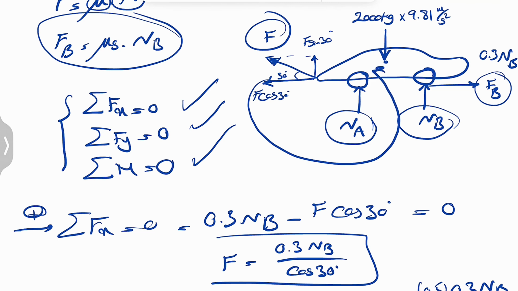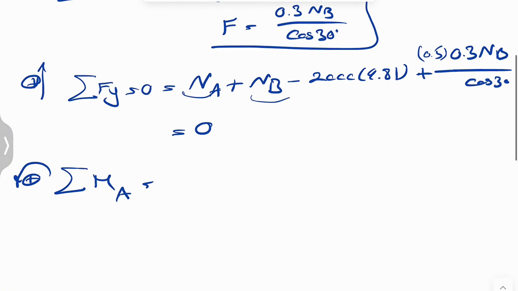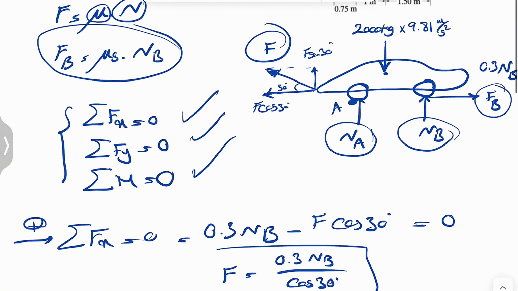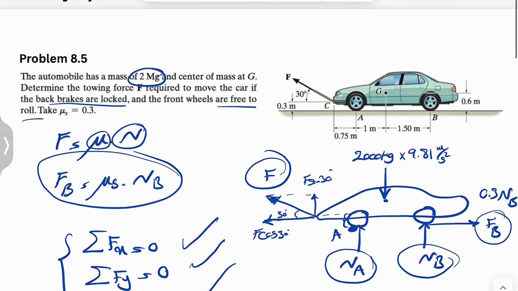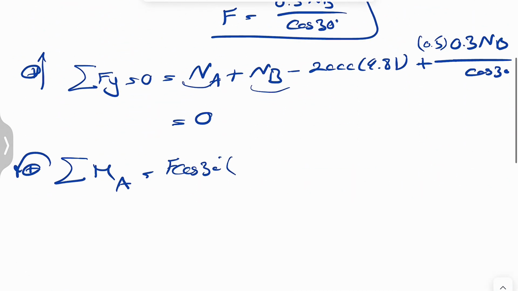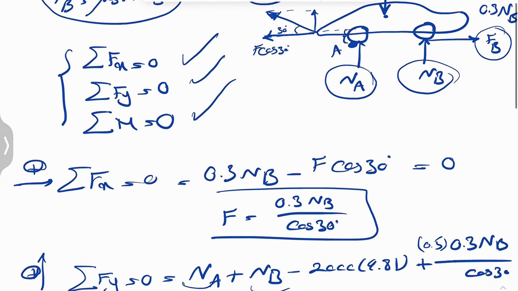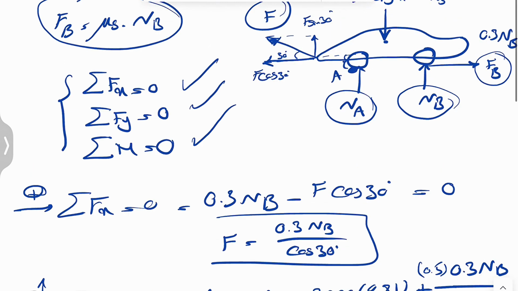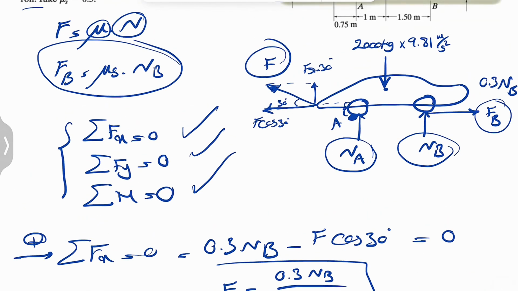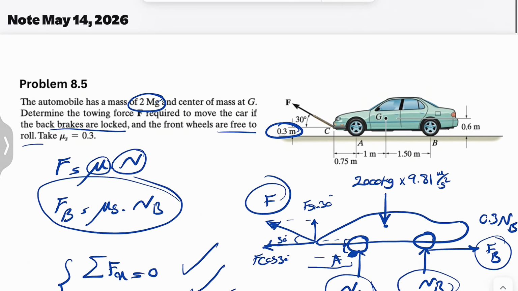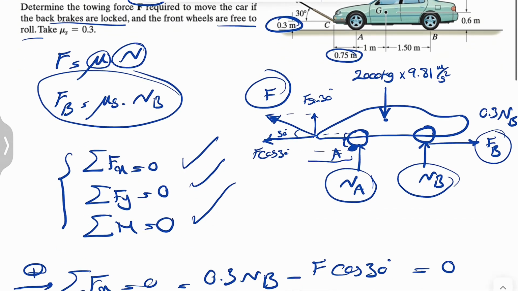The cosine one about A, again this is our point A, is going to be a counterclockwise moment. So it's positive F cosine of 30, and the distance is the vertical distance to the line of action, or this distance, 0.3. The y component is going to be clockwise, so negative F sine of 30 degrees, and the distance is this distance, basically 0.75.